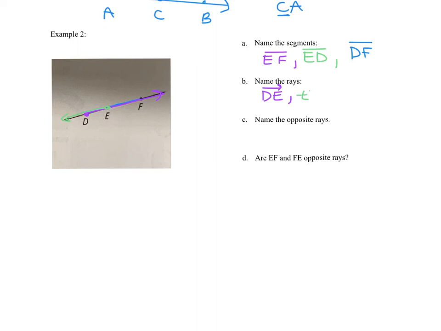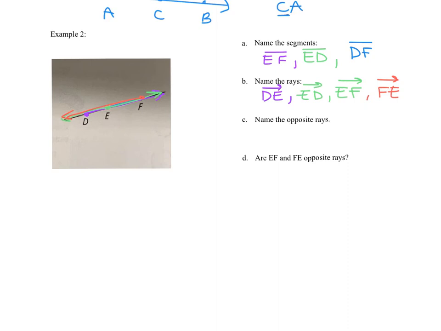That would be ray ED. Or if you start at E and go to the right, that would be ray EF. And then the last one that you have, if you start at F and you go this way, you could call it FE or FD. And again, it doesn't matter, they're the same ray. So FE is fine or FD is fine.